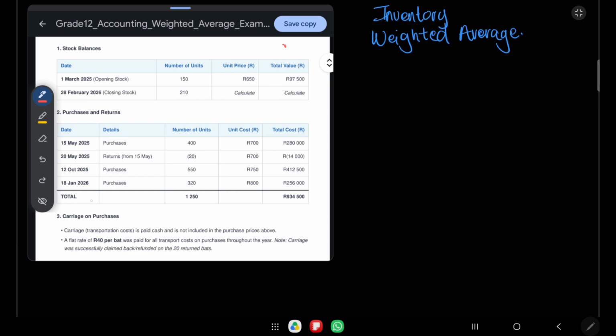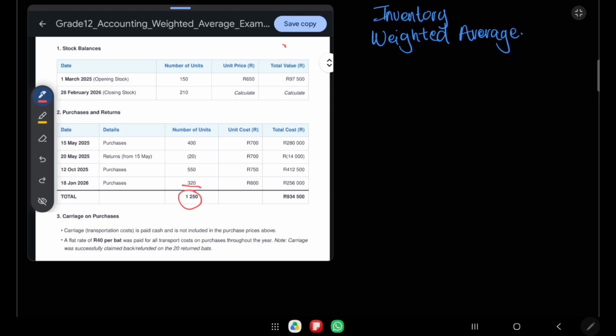Now we have our totals. 1,250 means it's, let's say 400. In this case, it's a subtraction as they are returns. They use the bracket. So it's 400 minus 20 plus 550 plus 320.